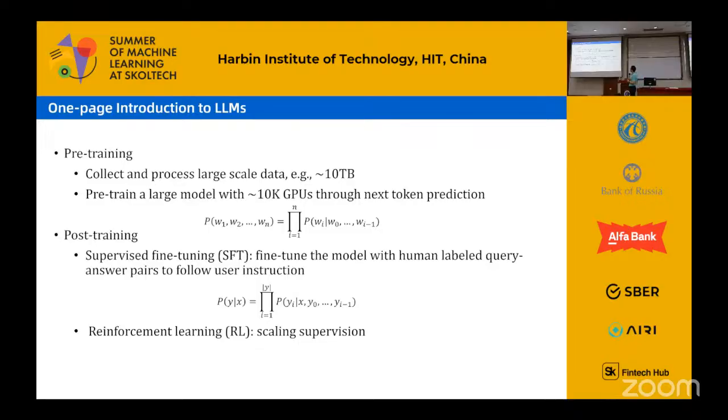The second setting for post-training is reinforcement learning. It is about scaling supervision, because for supervised fine-tuning, we need humans to label data or write a good answer, especially for complicated inputs or questions. It's very hard and time consuming for a user to write a good answer.